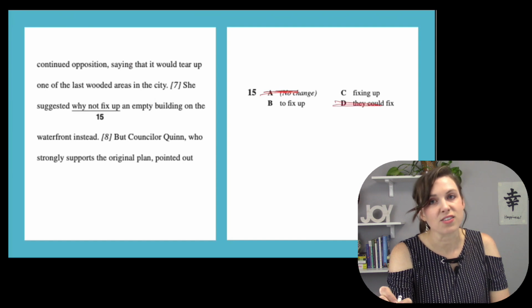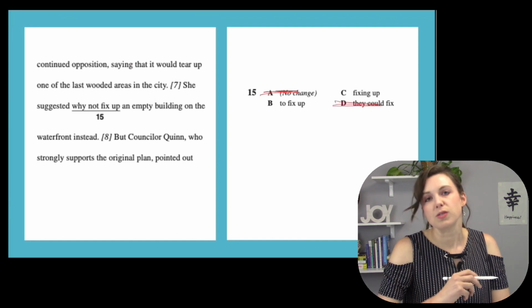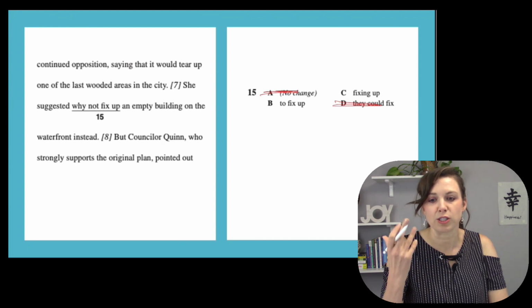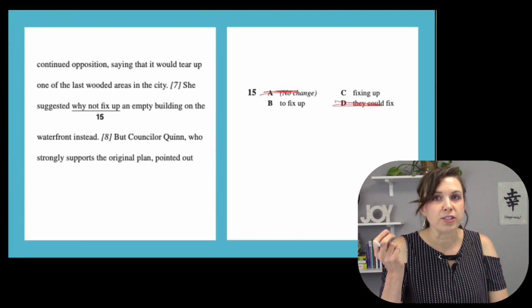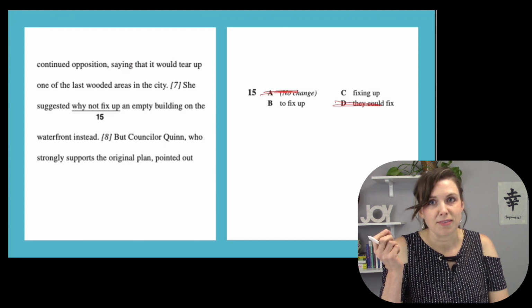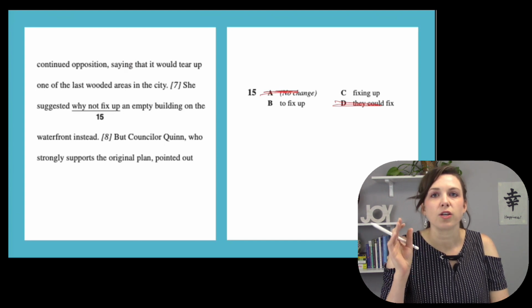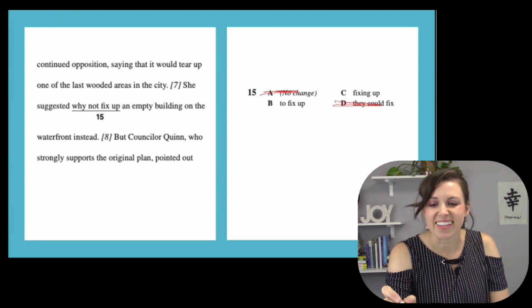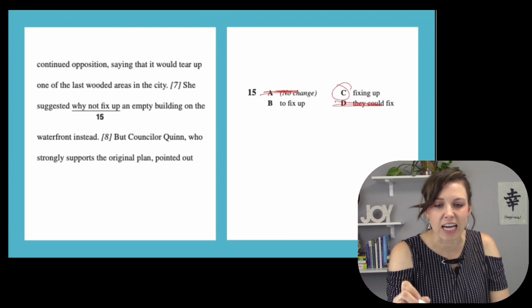Again, the they is not really necessary. So when you find yourself with two answers and you don't know which one to do, I would just guess. Guess which one you think the answer should be. Okay, in this case, it's actually C. She suggested fixing up an empty building on the waterfront instead.